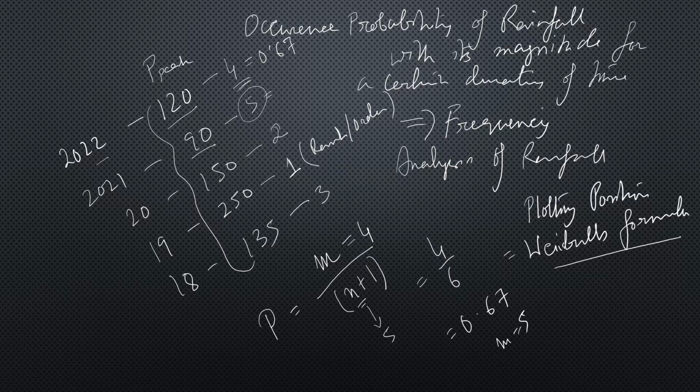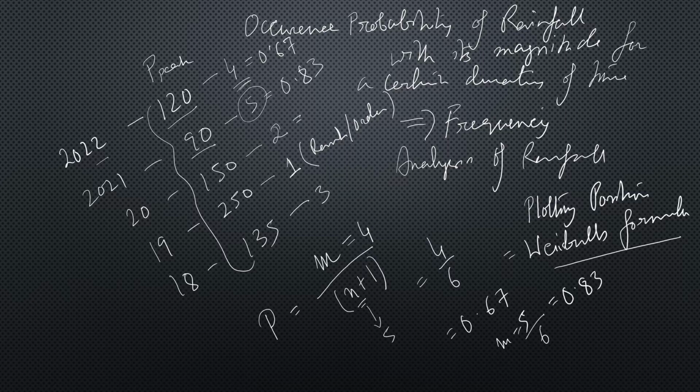Now N is 5, as we have the same number of rainfall values given to us. So it is 5 by 6. What is the answer? Yes, it is 0.83. So the probability is 0.83.